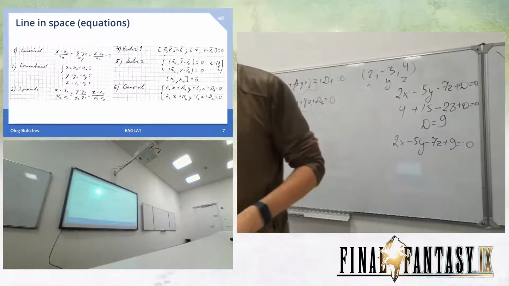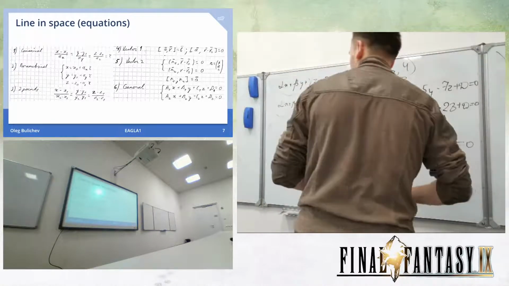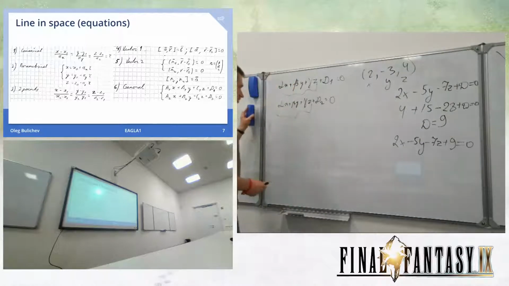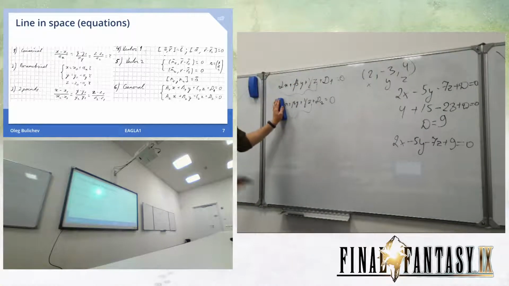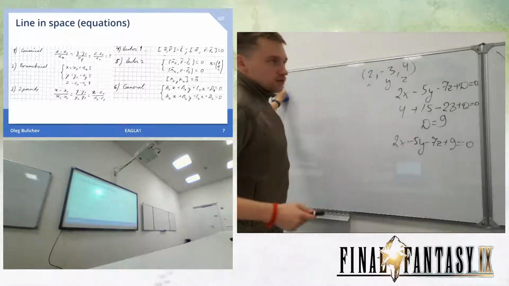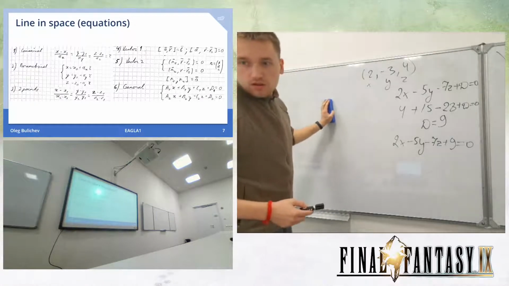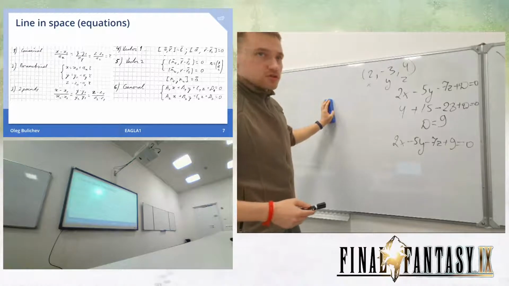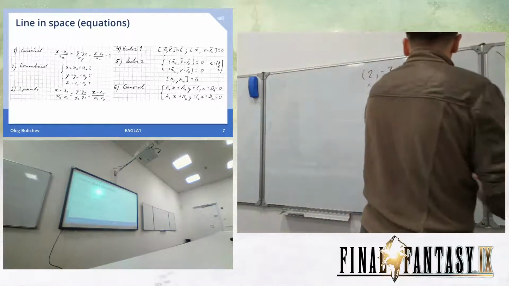We are going to the last part of it, lines in space. Actually, you may see it has a lot of possible ways. How many did you cover during the lecture? All of them?